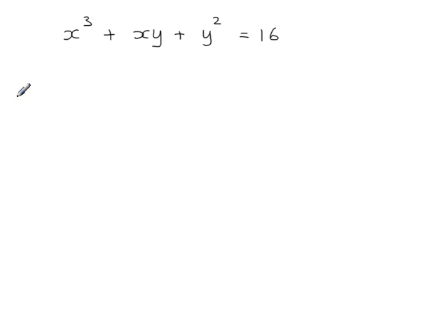This equation cannot be rearranged as y is equal to some function of x, or as x is equal to some function of y. This is not an explicit equation. This is an example of an implicit function.